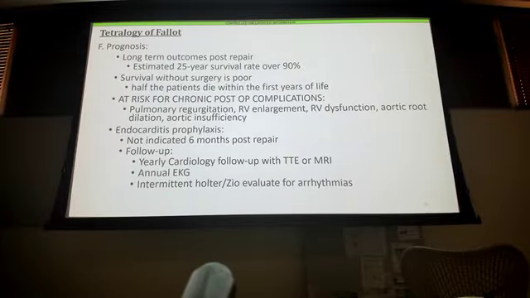But the 25-year survival rate after surgery is over 90%. That is why somebody like Shaun White can get the surgery done and be an elite Olympian in his sport. So that's pretty good odds of survival if we can do surgery early.